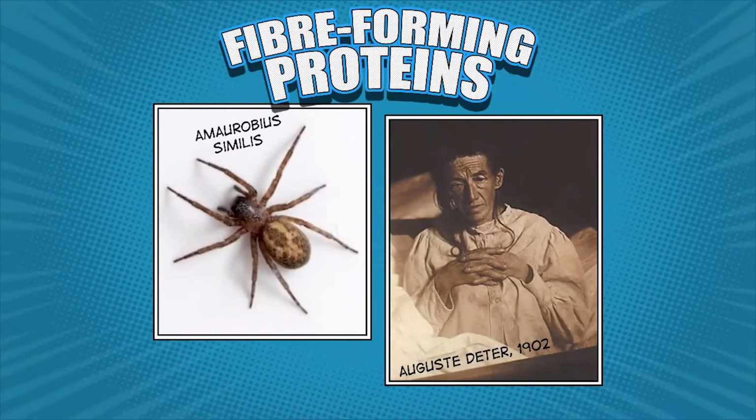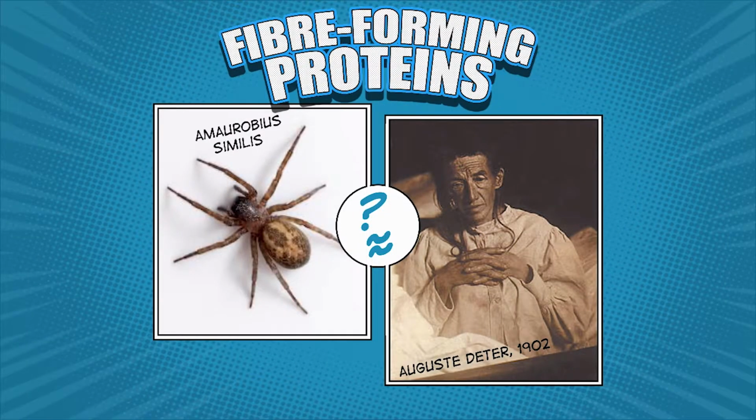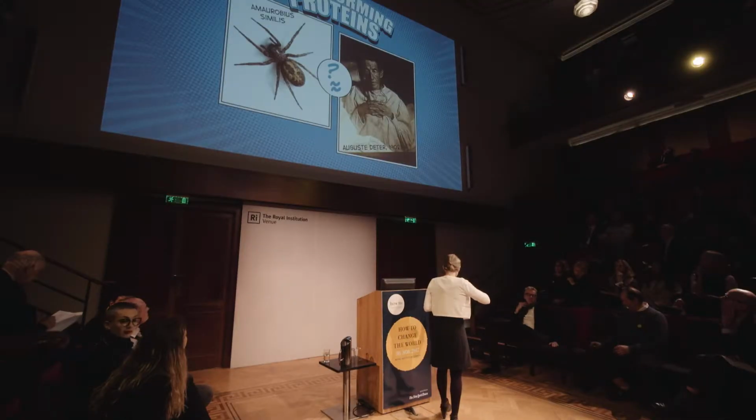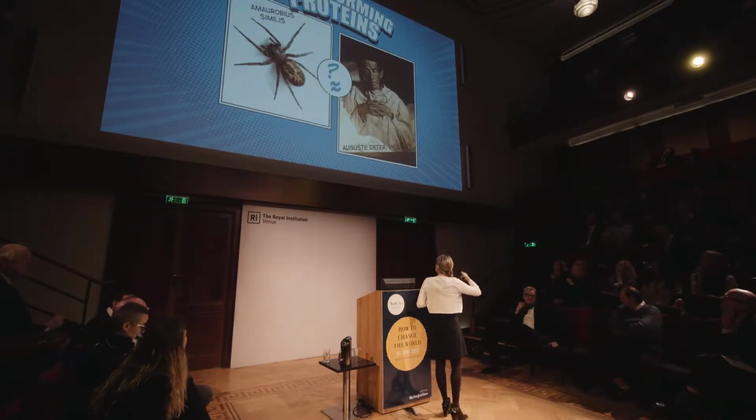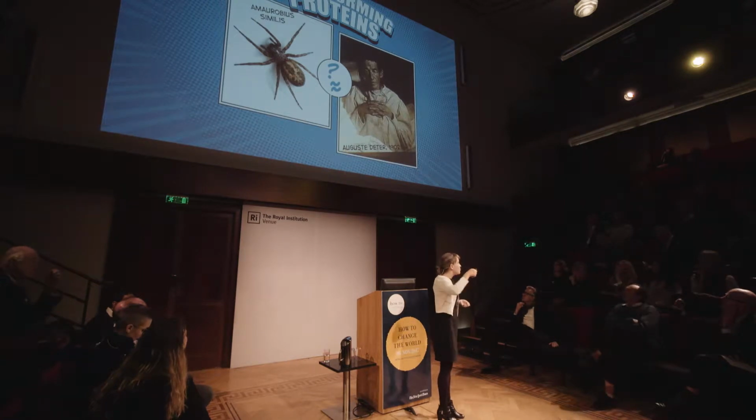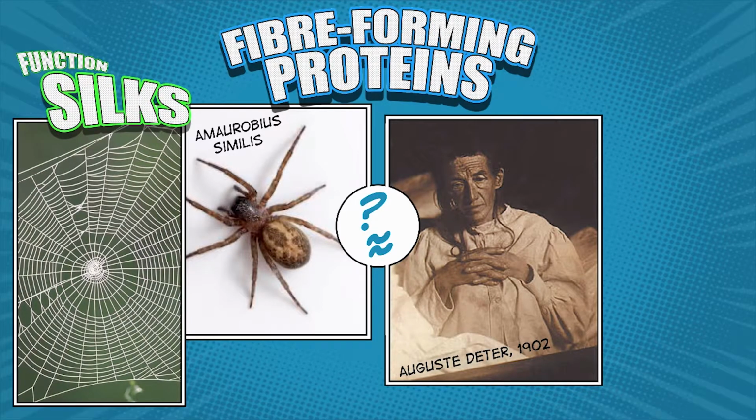So what is the question, or what is unclear? Here you can see two female species. The first one is Auguste Deter, the same patient that was identified with Alzheimer's disease. She was identified with Alzheimer's disease in 1902. And on the right is Amaurobius similis, the female spider.